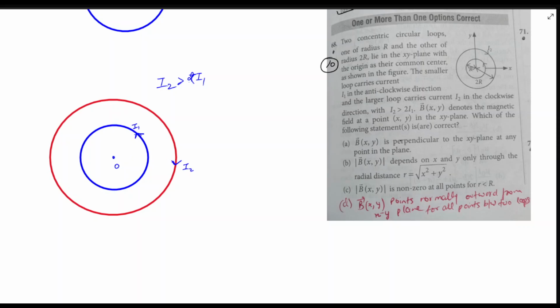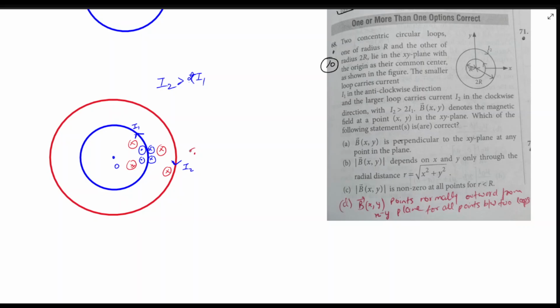Don't worry. So let's just check the magnetic field near this wire. Due to I1, it will be in this direction, right? Out of the plane. But here it will be in this direction, right? For I2, magnetic field will be in this direction everywhere, okay?